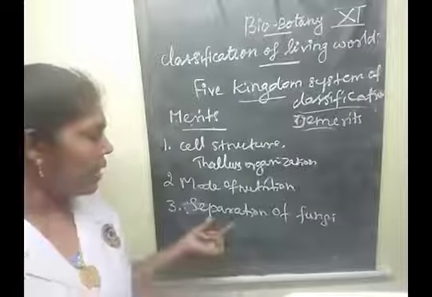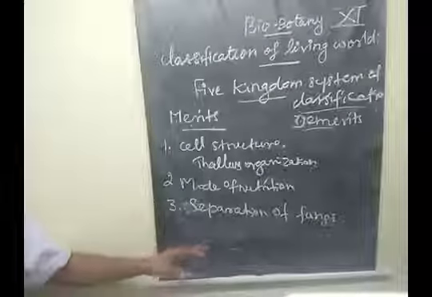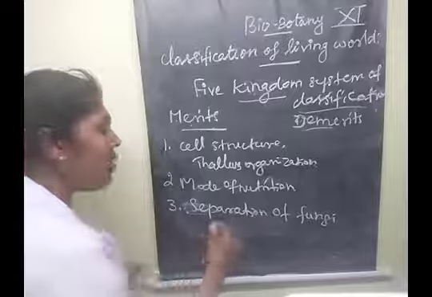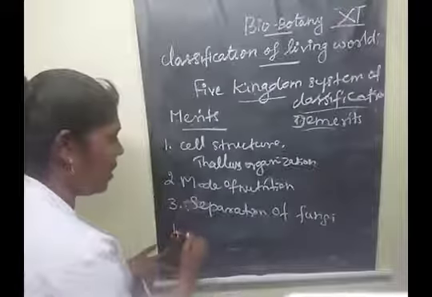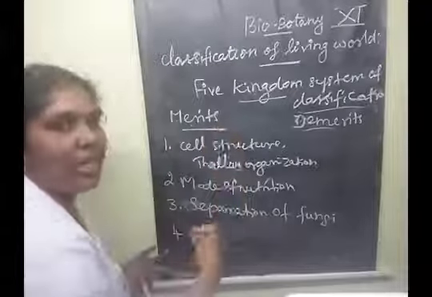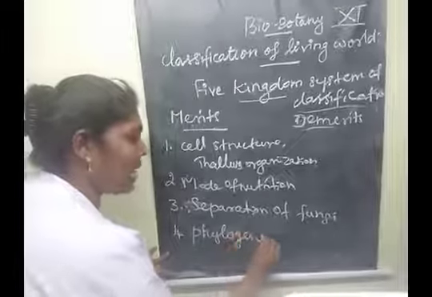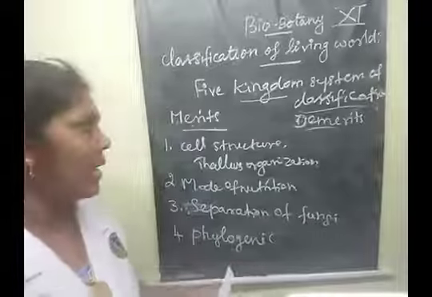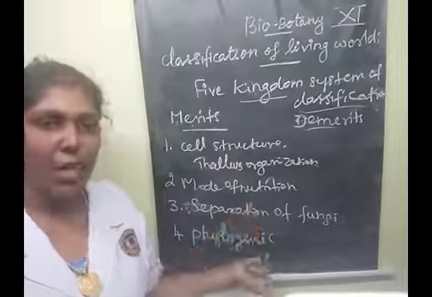Then finally, it shows the phylogenetic characteristic features of an organism. So the last merit is that the five kingdom system of classification shows the phylogenetic characters of organisms. So these are the certain merits of this classification.